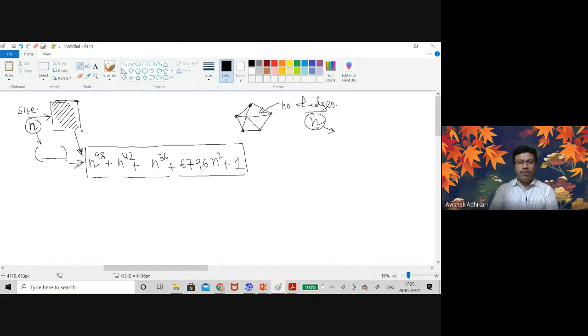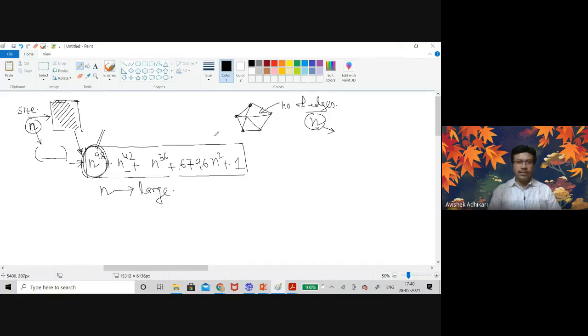So in computer science, we should have something that will give you an approximate value. Now you can understand that if the value of n is quite large, then this term will dominate.